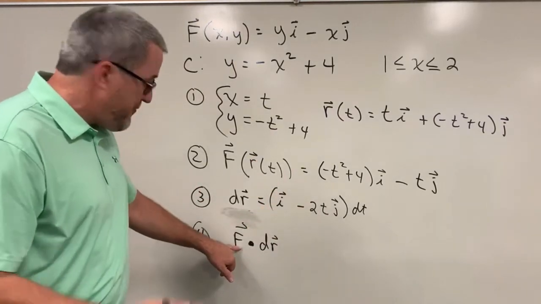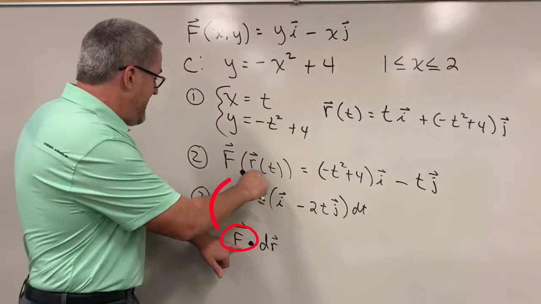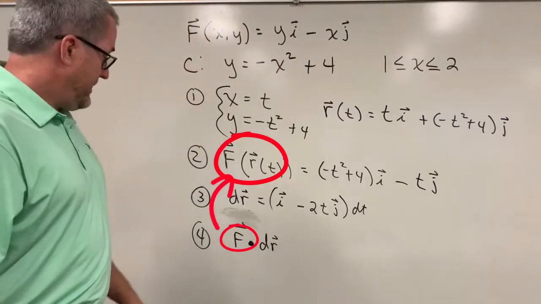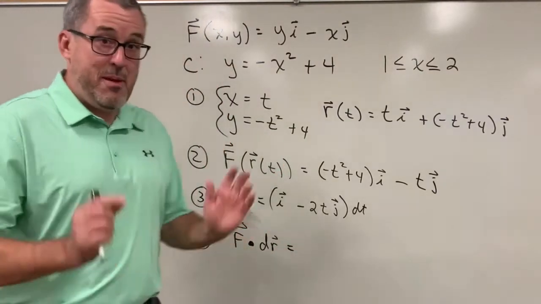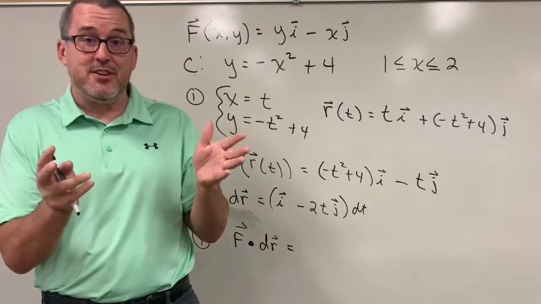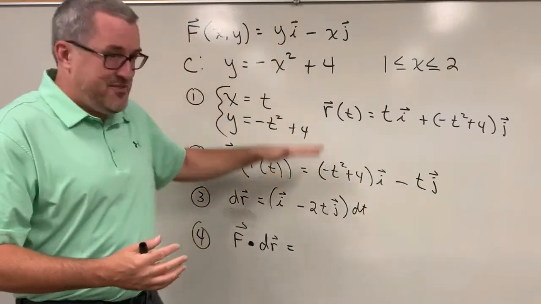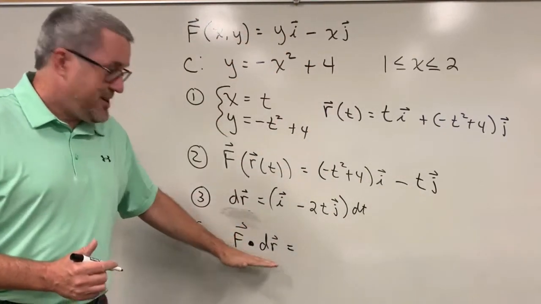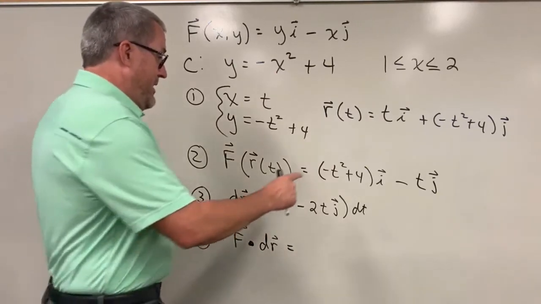We'll just say f, but we know in our heads that this f is referring to f at r of t, not just the general vector field f. So let's go ahead and dot them. Now remember, the dot product between two vectors is a scalar. So we're now going to transition from all of these vectors and vector fields and vector valued functions to a scalar result, the dot product between f and dr.